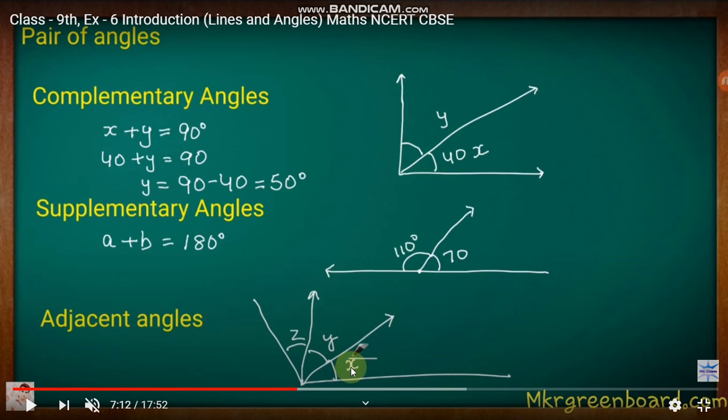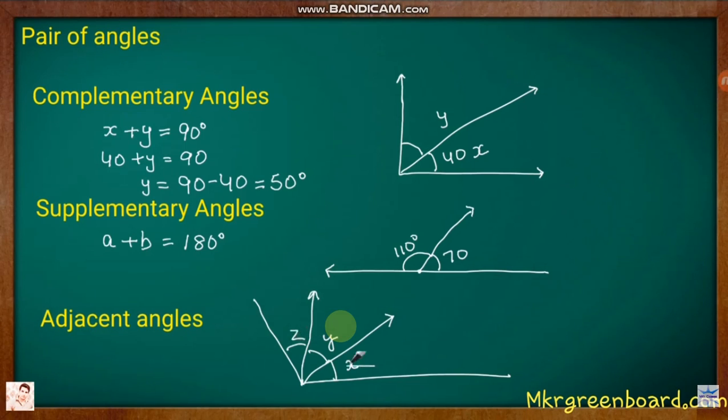So x is adjacent to y, and y is adjacent to z. Coming from this side, z is adjacent to y and y is adjacent to x. Here z is not adjacent to x. Such types of angles we call adjacent angles.